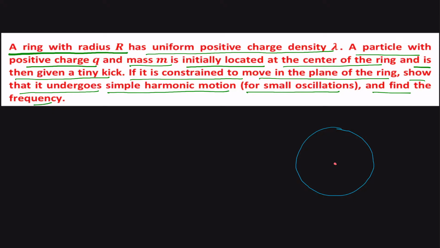We are also given that the radius of this ring is capital R, and this charged particle has a positive charge of q and its mass is m, and the ring has a uniform charge density of lambda.